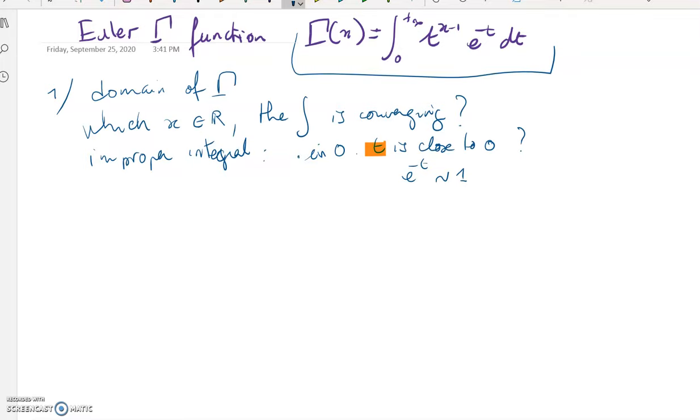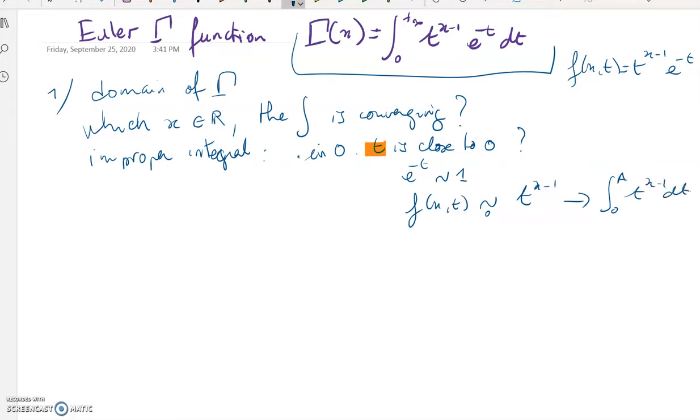So my function, let's call it f of x,t, is t^(x-1) e^(-t). It is equivalent in a neighborhood of 0 to t^(x-1). So we have to consider the convergence between 0 and whichever bound of t^(x-1) dt.